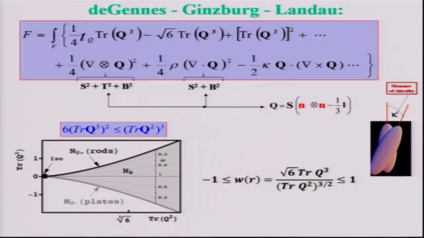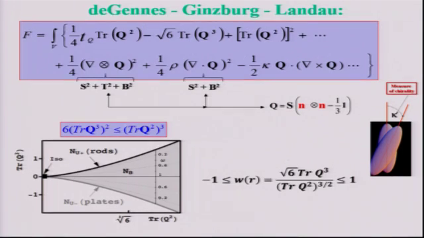The first row is the so-called bulk free energy. I should mention that this expansion is constructed with respect to the background isotropic phase.